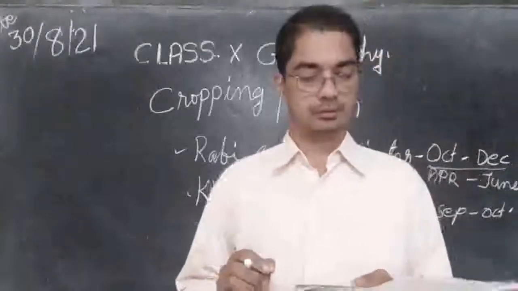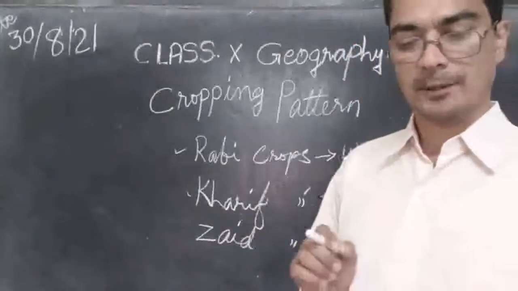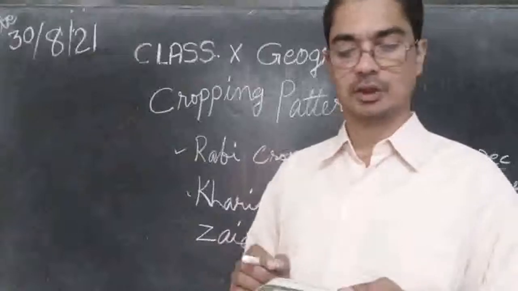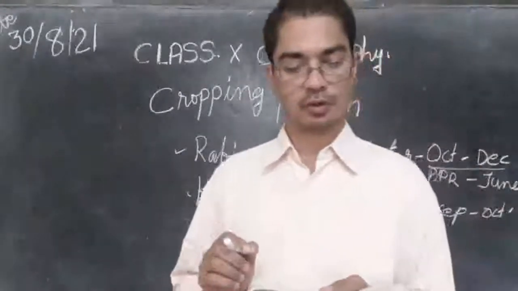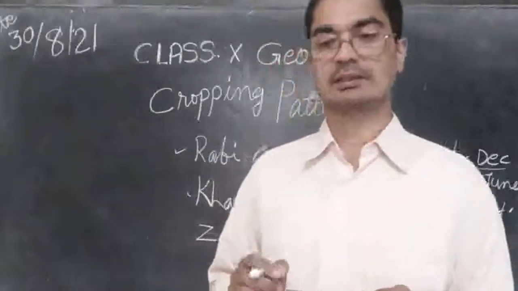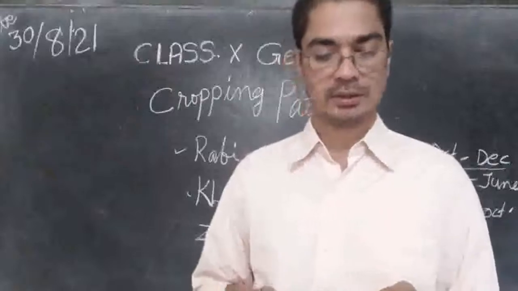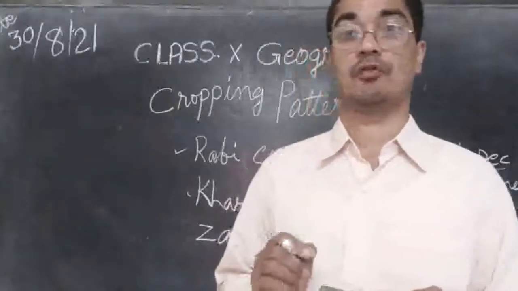So in between the Rabi and Kharif seasons, there is a short season during the summer months known as Zaid season.